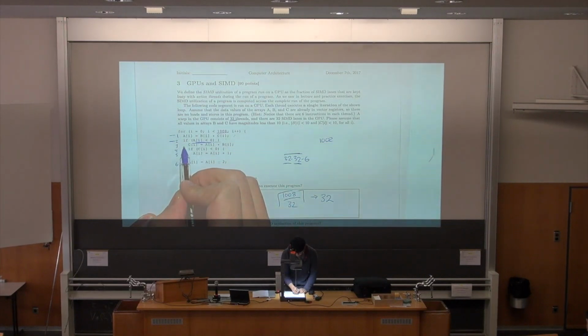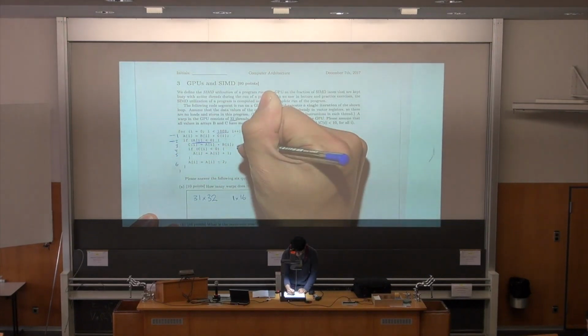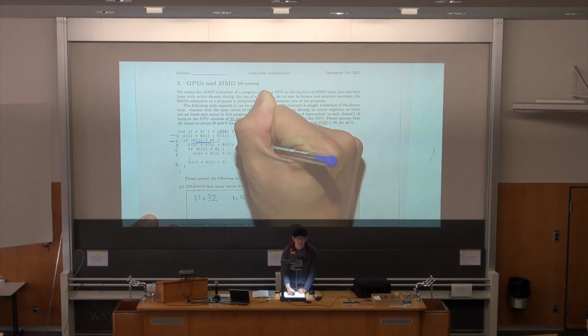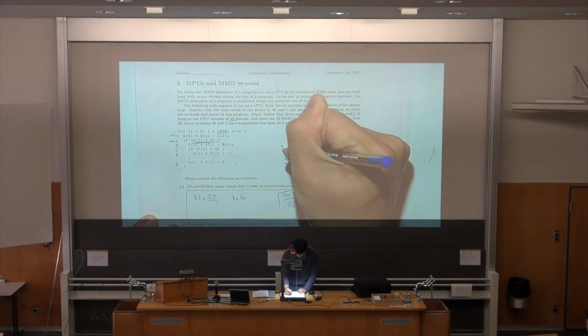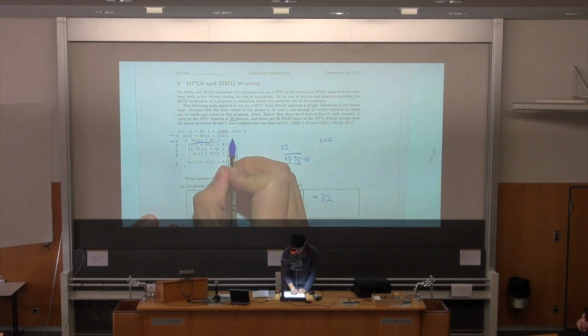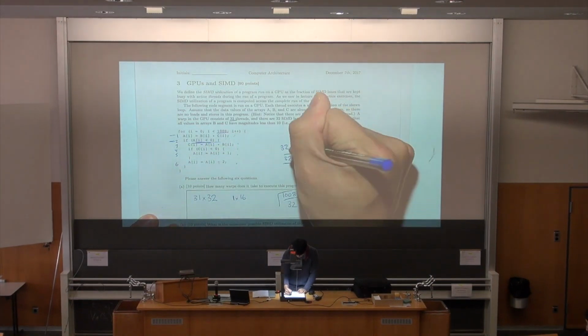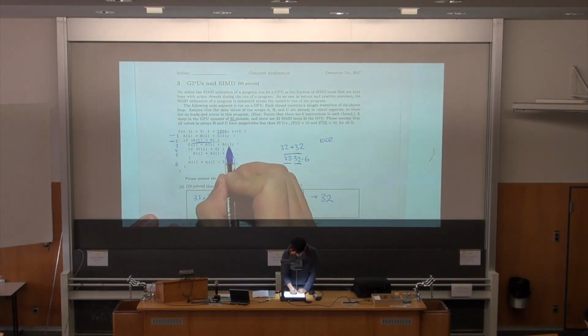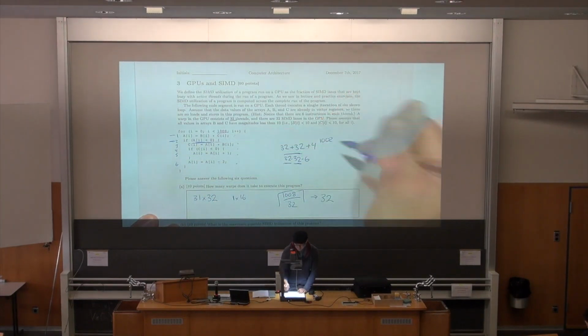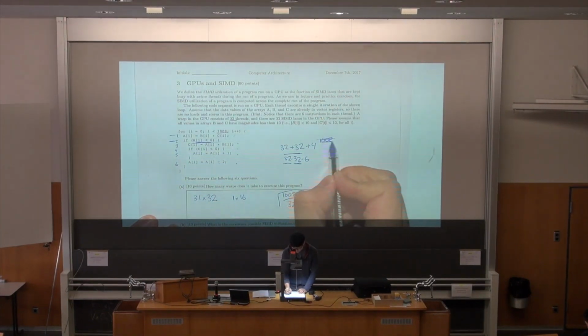Then we can have the case where only one thread per warp is executing these next 4 instructions. To calculate this, we would simply do 32, which is the number of threads that need to execute this, plus 32, which is the number of threads that need to execute this, and then 1, 2, 3, 4, so plus 4 per warp.